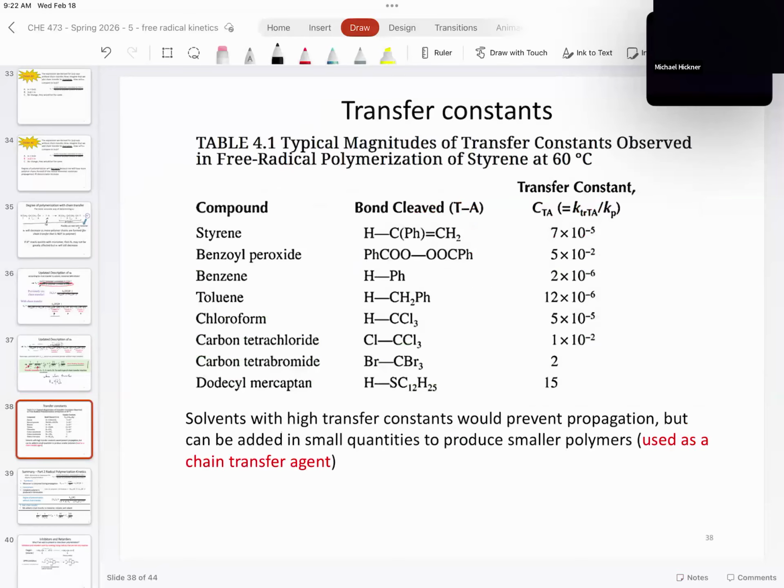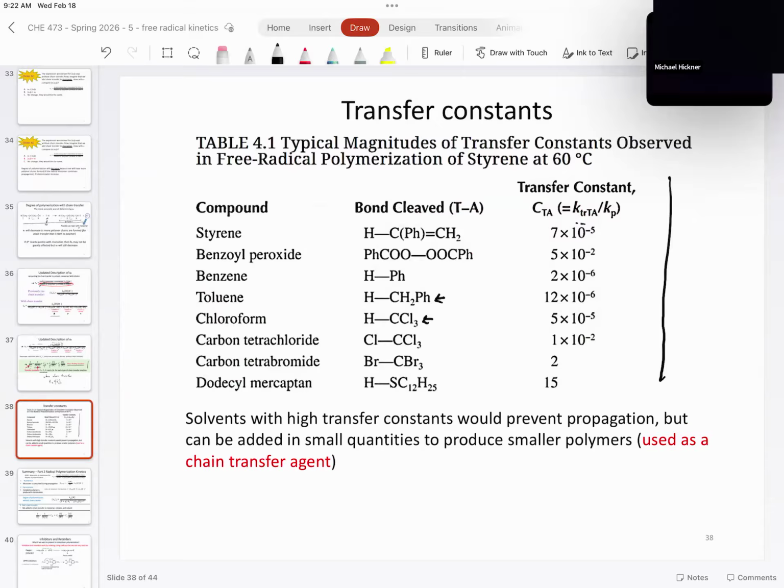But then we have a bunch of transfer constants here that we can use for our chain transfer strategy. So whether or not we add, say, a little chloroform, whether or not we use chain transfer to solvent. And so notice what the transfer constants are.